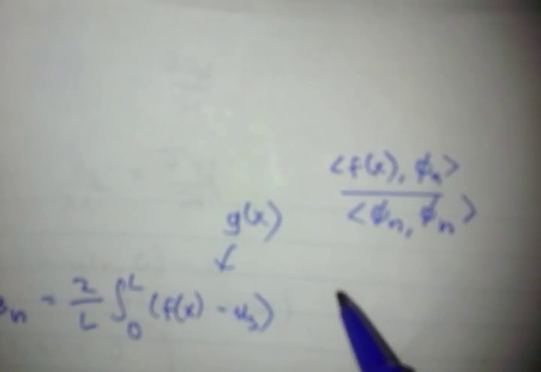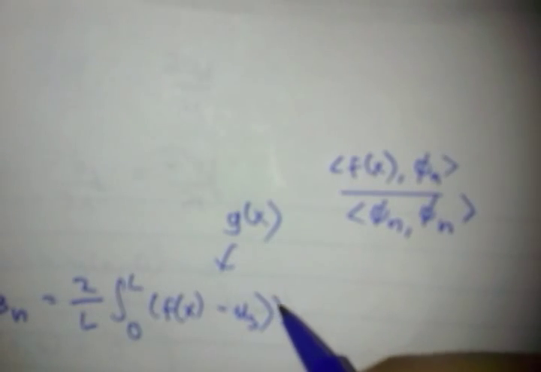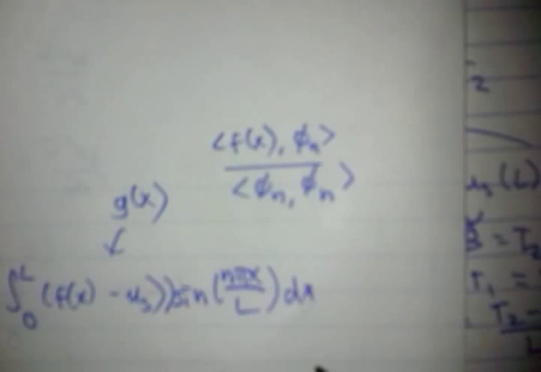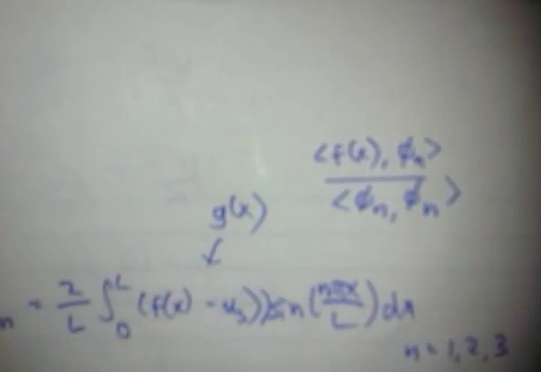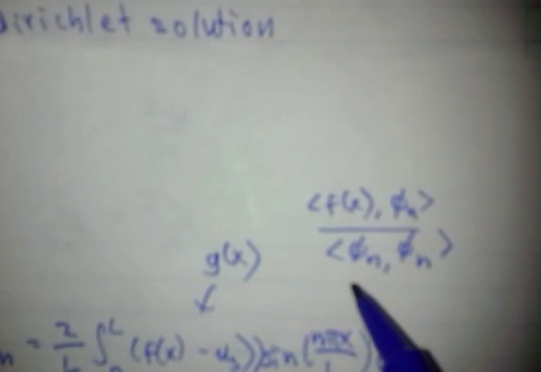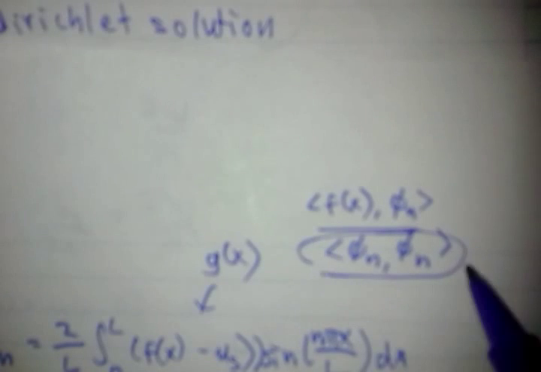This is the one that I always memorize. And then this, where n is some integer value. The reason why I don't have a denominator, and I almost always write a denominator, is because if this is normalized, then this is just equal to 1, and it doesn't matter.